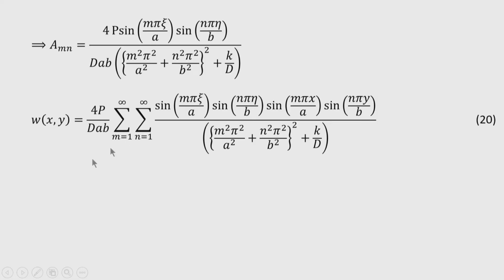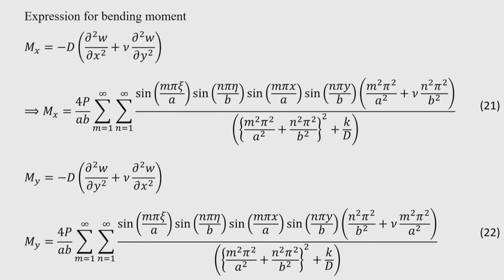Once the deflection series is known, it is possible for us to calculate the bending moment expression. So, the bending moment in the x direction, Mx, equals minus D times del square w by del x square, that is the curvature along the x direction, plus mu into del square w by del y square.